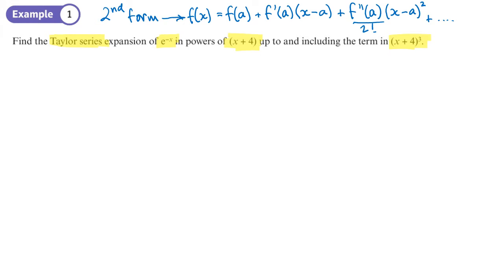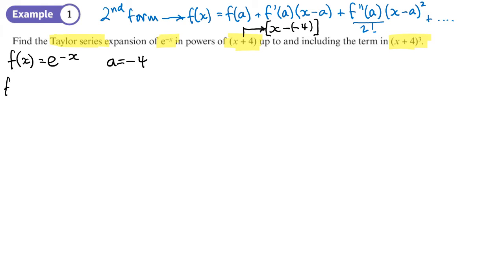So our function is e to the minus x, and we need to choose a suitable value of a, and in this case a is going to be -4, because the expansion is x minus a, and you can think of x plus 4 as x minus -4. That's the same as x plus 4. Since the expansion needs x minus a, a needs to be -4.